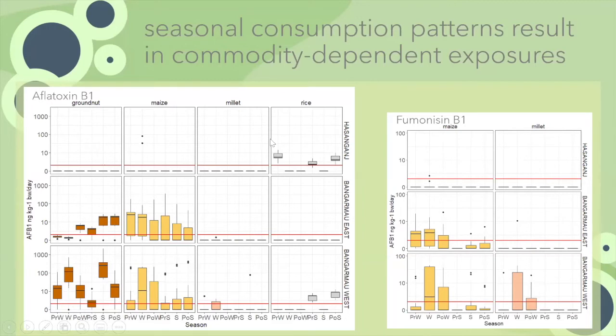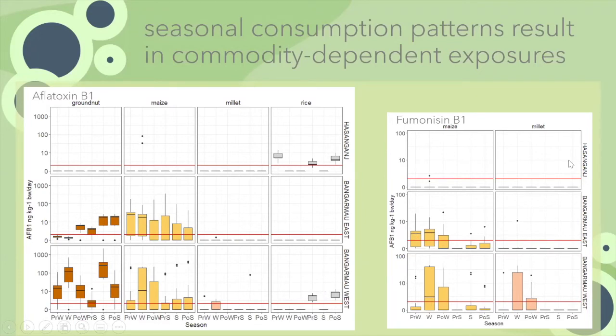And we can see in Hasanganj, the only measurable dietary exposure doses are coming from rice because of the low prevalence of groundnut, maize, and millet in these food systems. Whereas in Bangarmao, a much greater proportion of dietary aflatoxin is coming from groundnut and maize, with some marked seasonal variation, and only a small fraction coming from pearl millet and rice.